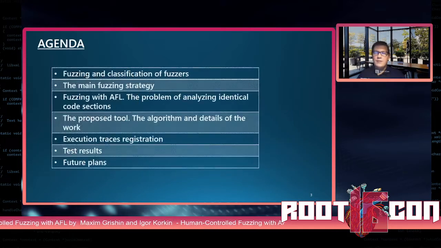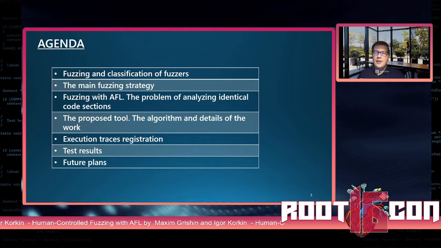Today I'm going to tell you about fuzzing and some famous types of fuzzers. I will go over the main fuzzing strategy which should be implemented to provide good fuzzing results. Then I will consider a classic fuzzing scheme based on AFL.